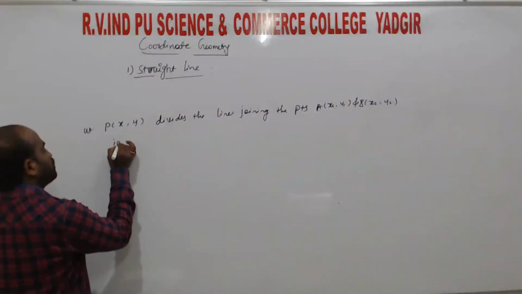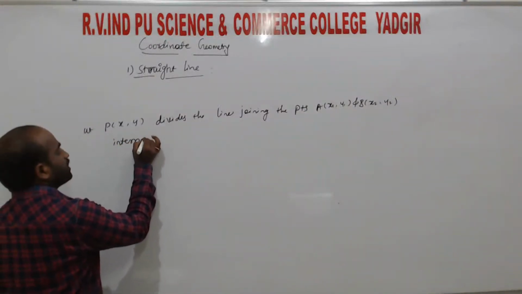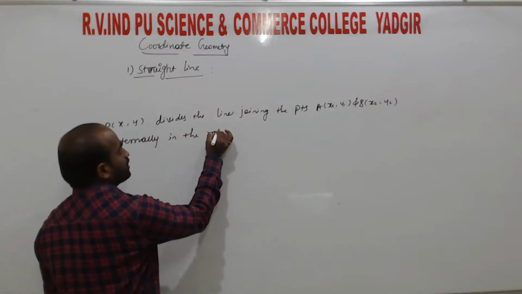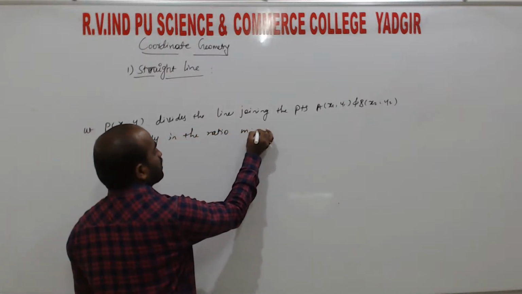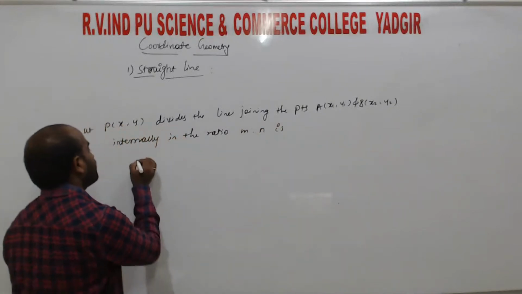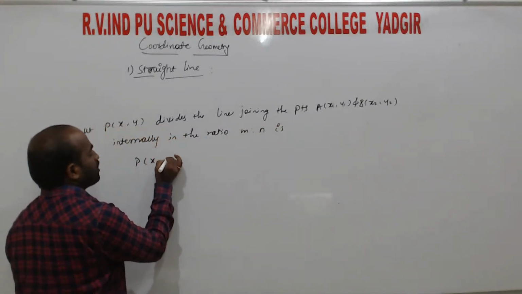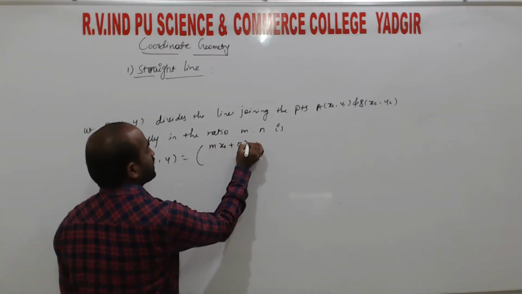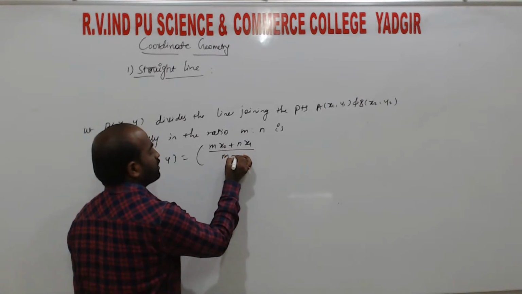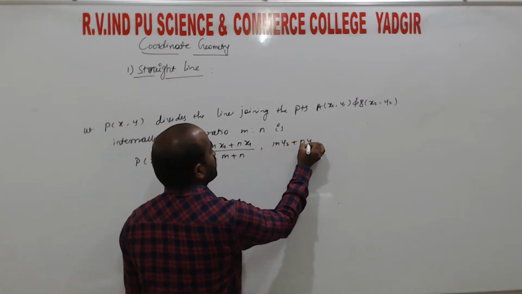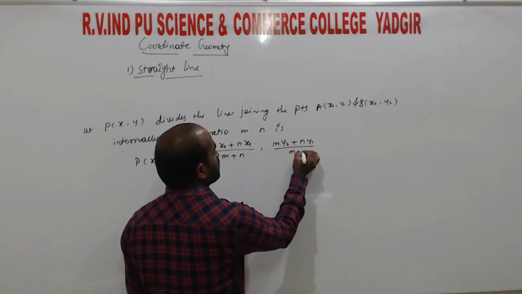Internally in the ratio m is to n, it is given by P of x comma y is equal to mx2 plus nx1 divided by m plus n, comma my2 plus ny1 divided by m plus n.